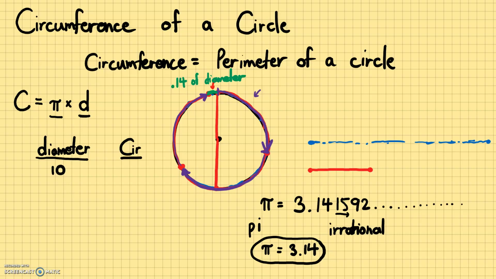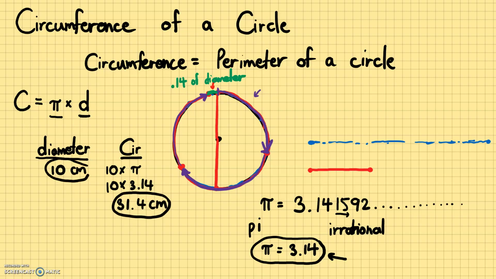Well, you just multiply 10 times pi, and remember, we're using 3.14 as pi here, so 10 times 3.14, and that's going to be 31.4. Oh, I forgot to write units here, centimeters. Circumference is also going to be centimeters. So if the diameter is 10 centimeters, then the circumference is going to be 31.4 centimeters.